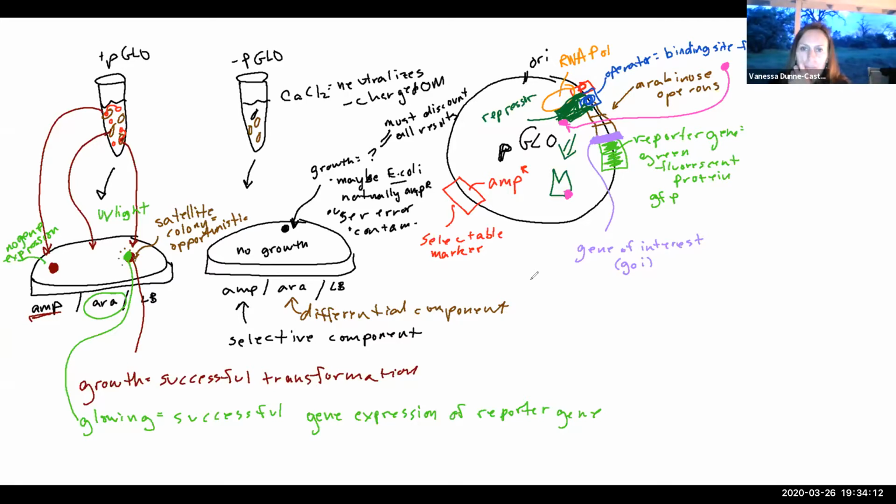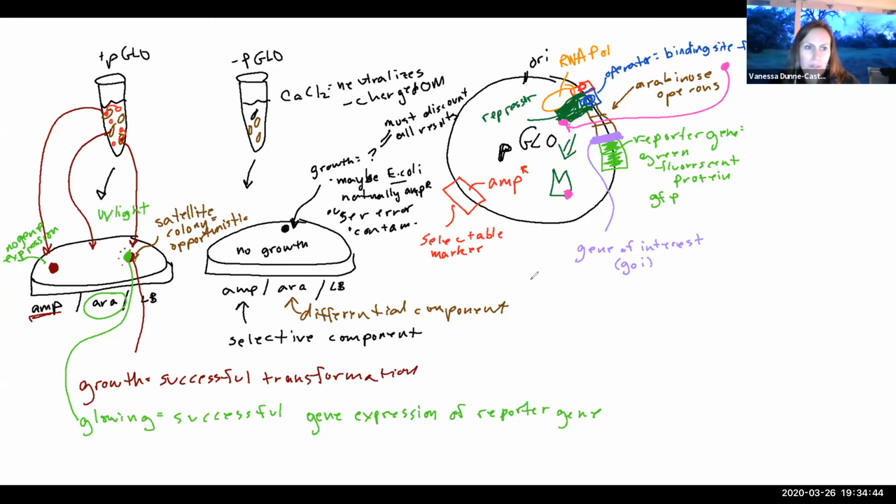So in that YouTube video that I posted on this genetic engineering exercise page, it's really just talking through that pGLO plasmid itself and all these different components of it, and then sort of how it's visualized on the media. And then the other video I posted is the actual exercise itself of what it would look like when you're going through it. So this is sort of just trying to wrap up both of these things together to show you how the plasmid is used in this exercise and how it's visualized on this media.